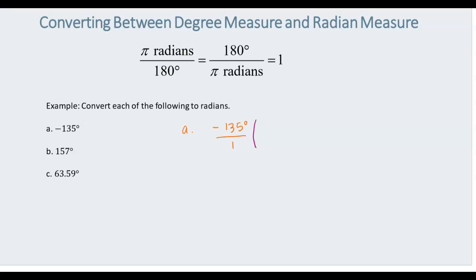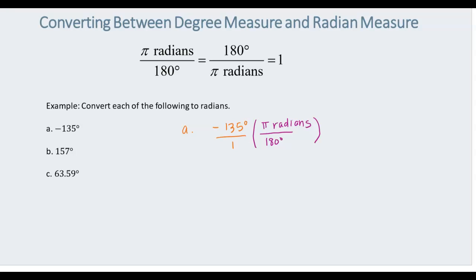A unit conversion is when you have two items that are equal. One goes in the numerator, one goes in the denominator, and what you're doing is effectively changing the units or the measurement that we're using. I want the degrees to go on the bottom so that degrees will cancel top and bottom, and so I'll put the pi radians on the top.